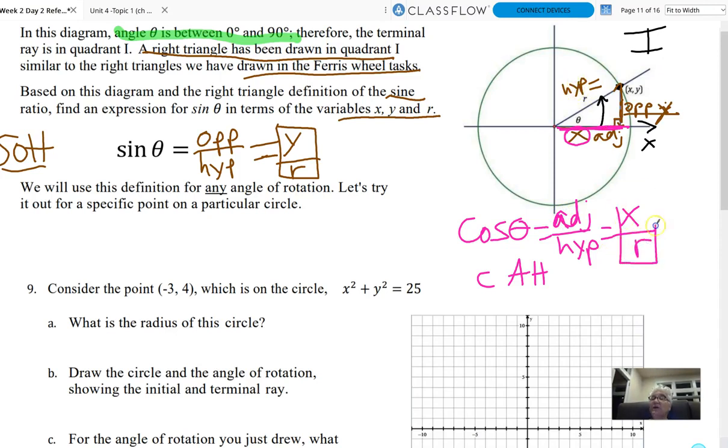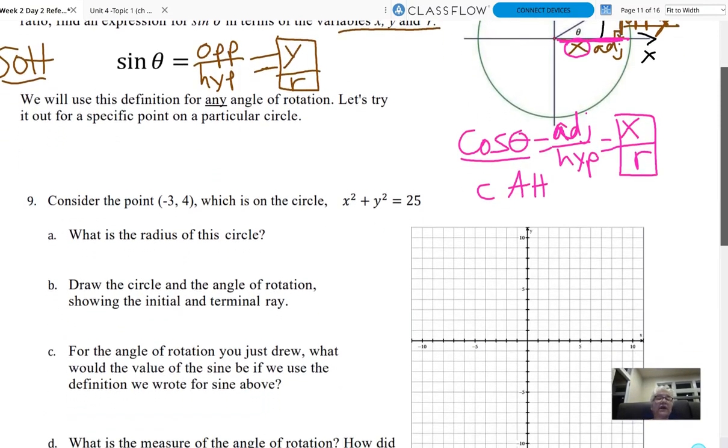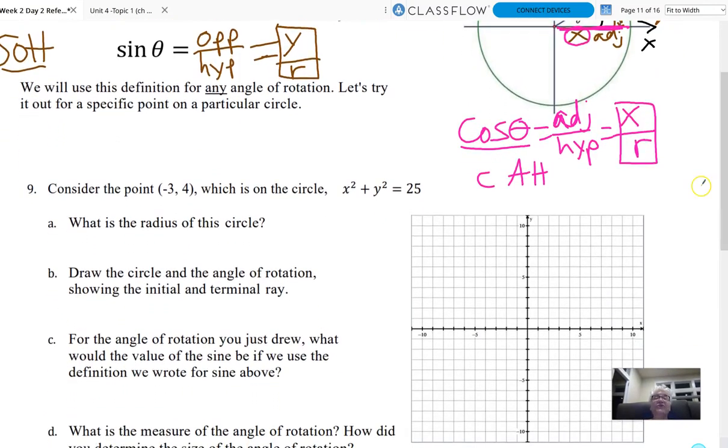So now when I talk about cosine, I will often be using x over r. We'll use this definition for any angle of rotation. So what that's trying to say is, our example is in quadrant 1. If it's any angle of rotation, we can be in any of the quadrants in our circle.